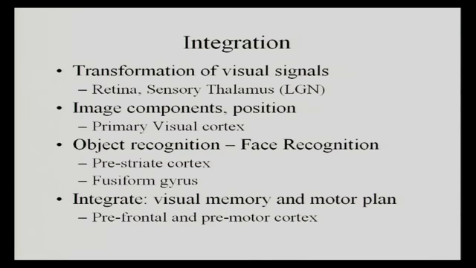We're going to ask questions about how the primary visual cortex represents the components of the image. And then we're going to go on from there to discuss some areas of the cortical representation that's ahead of the visual cortex. So in you and I, the visual cortex is at the back of the brain, and the visual parts of the brain that are extrastriate or prestriate are in front of that.